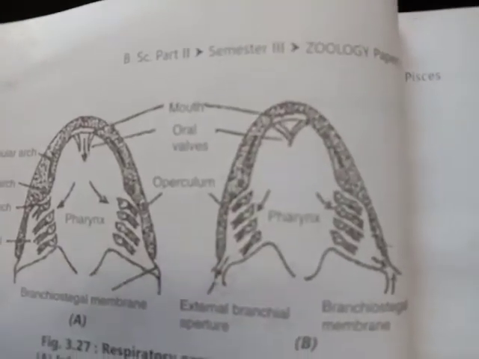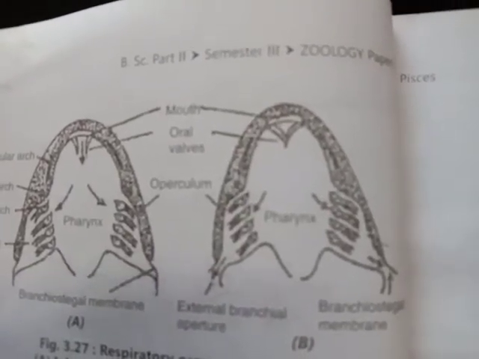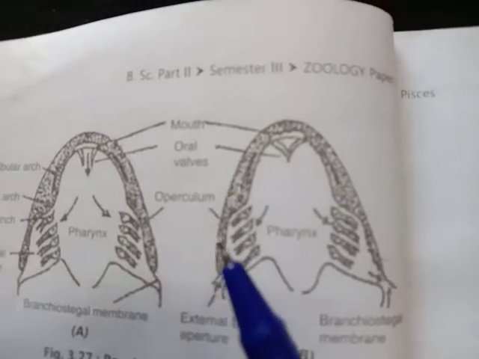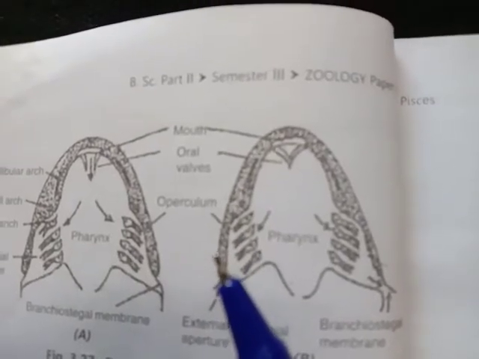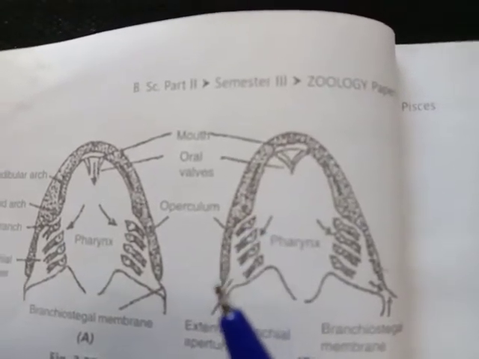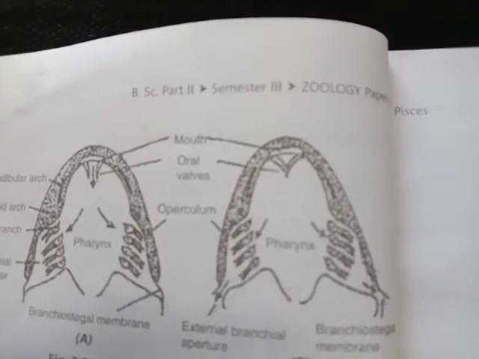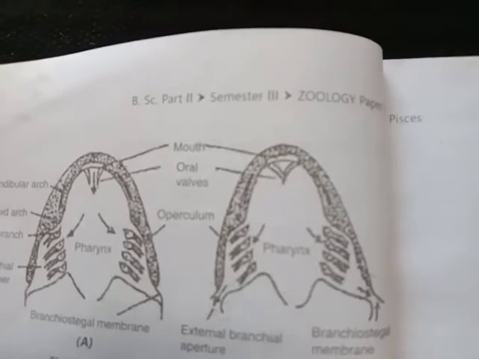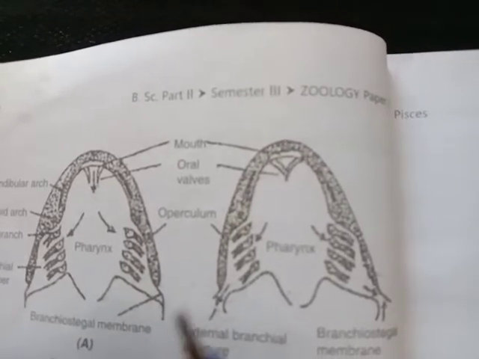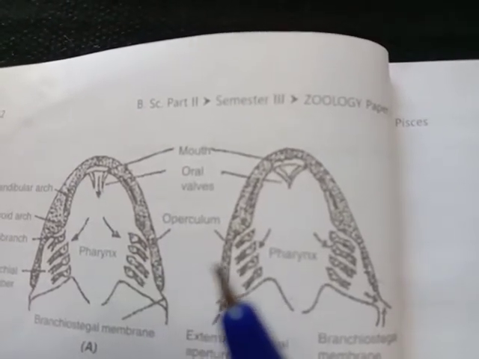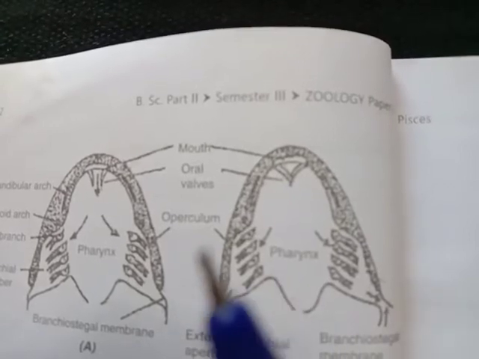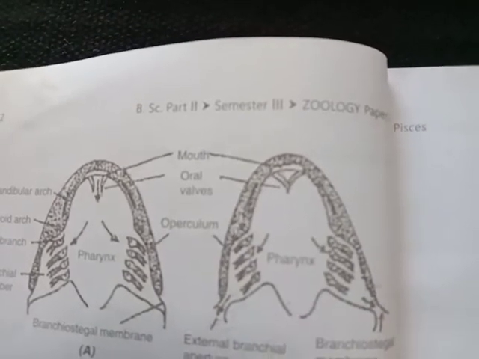You see the figure, a structure called the operculum. In Labeo, the gill clefts are covered with the operculum. So inside this operculum, it forms a gill chamber.